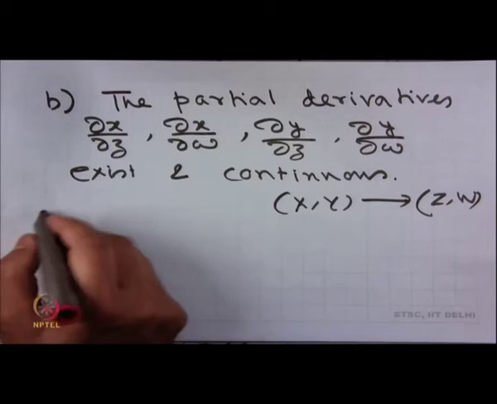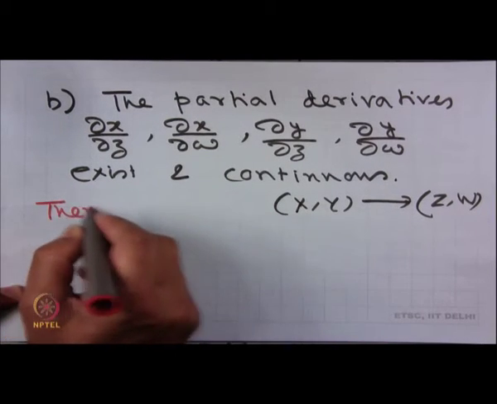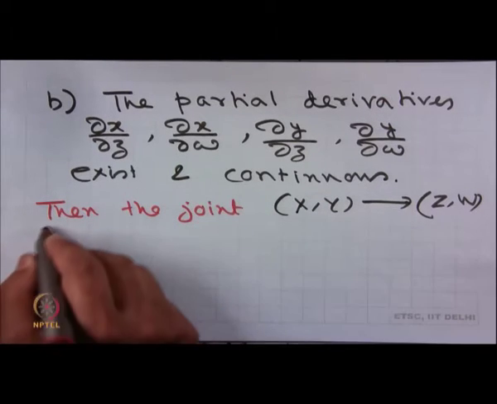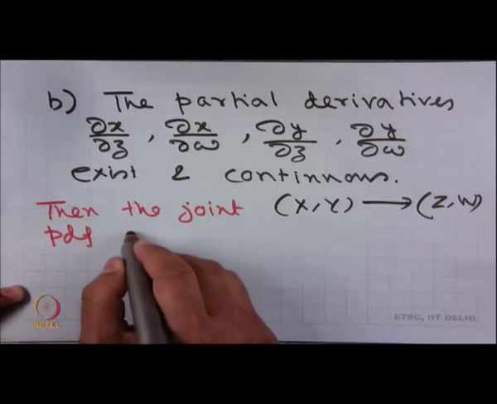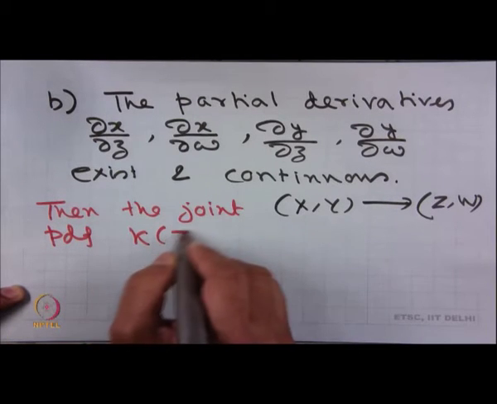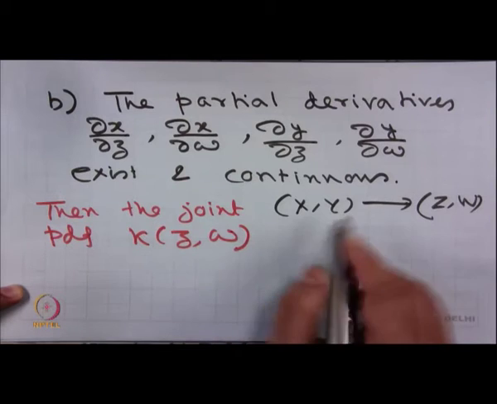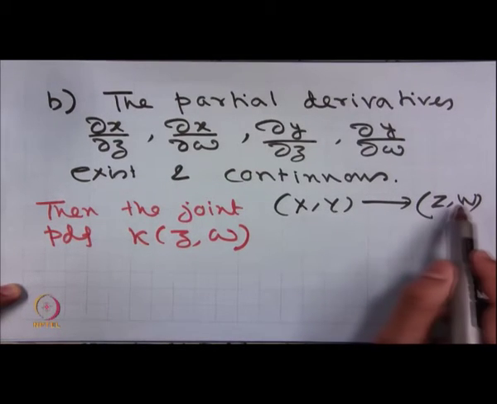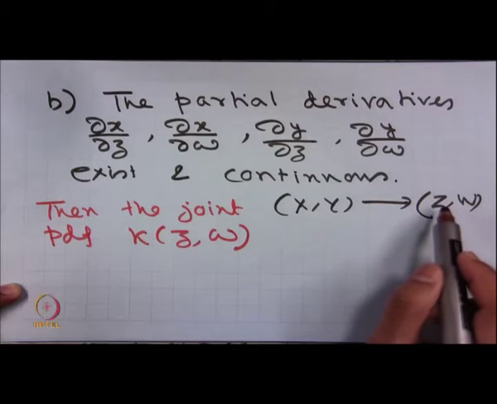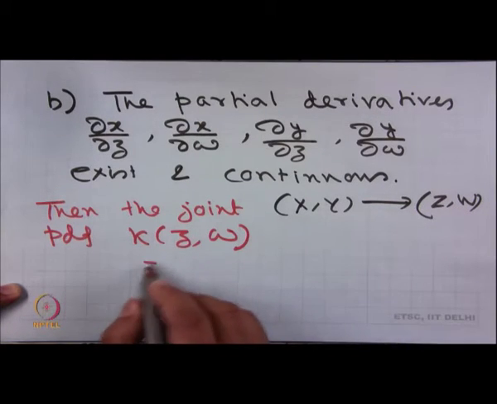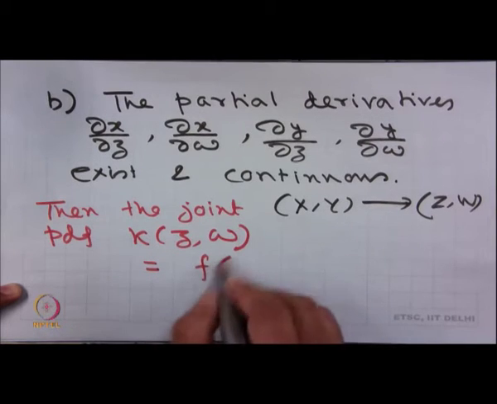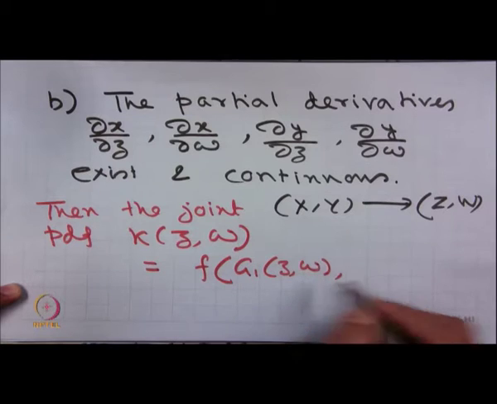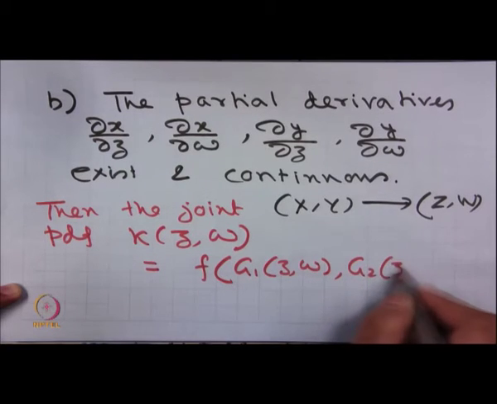Then the joint PDF k z w. So, we are looking at the joint probability density function of these two random variables z w is f at g1 z w, g2 z w.